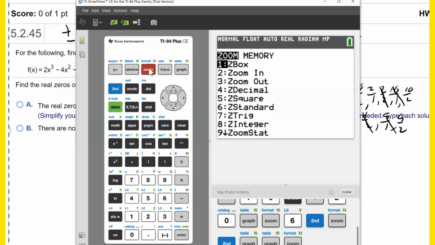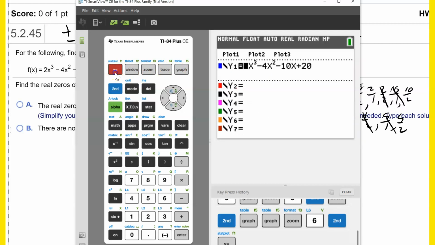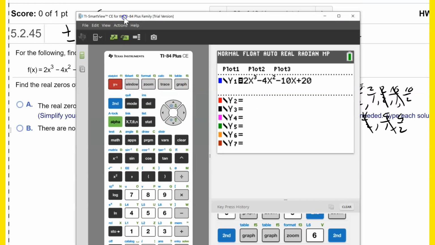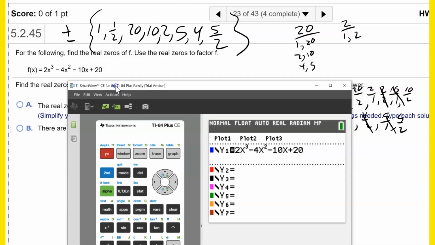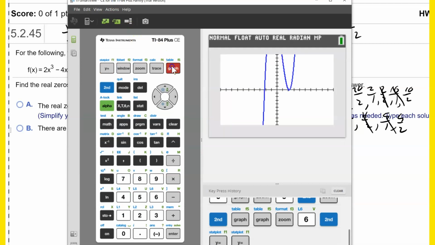Just make sure I am zoomed correctly. Zoom standard. Yeah, so second calc. I feel like that's just strange. Let me look again. Make sure I typed it in correctly. 2x cubed minus 4x squared minus 10x plus 20. Yep. Second calc.